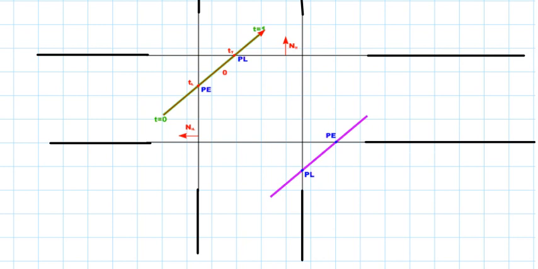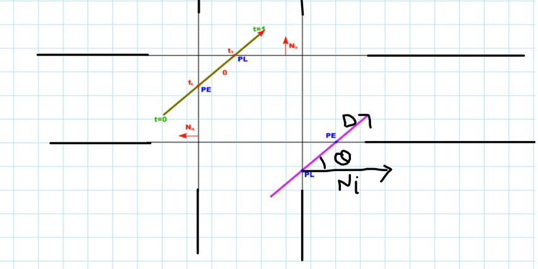As per our calculation, this is our D vector and this is your outward normal vector Ni. So at this point, what happens? The angle becomes less than 90 degrees.